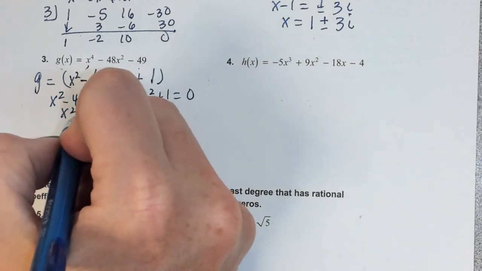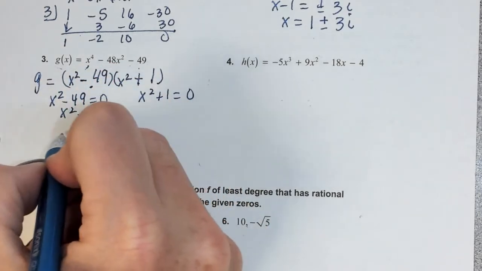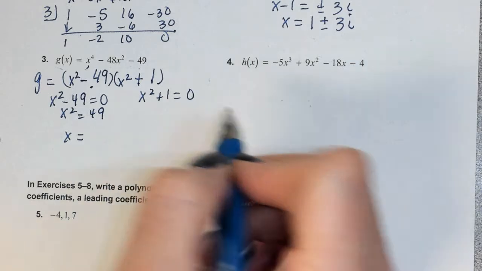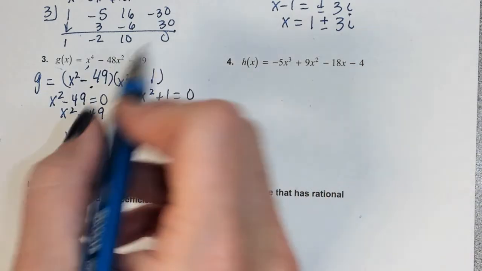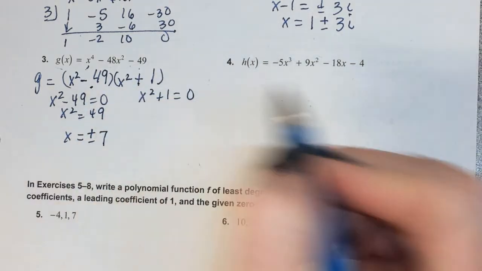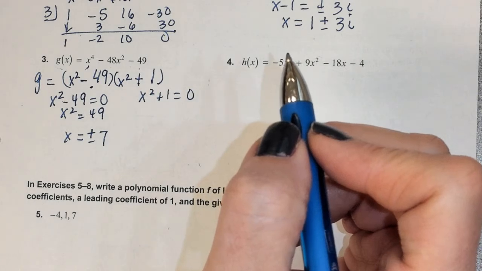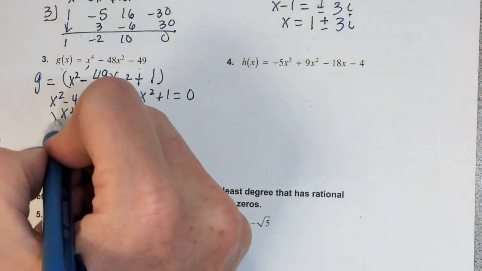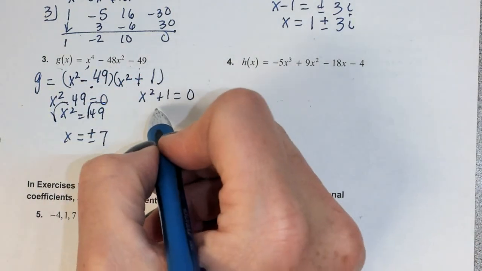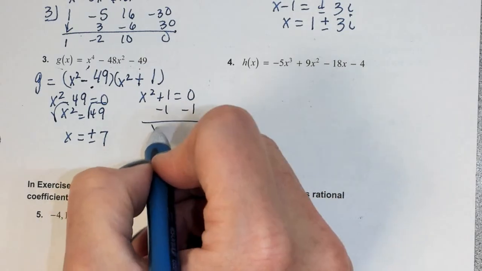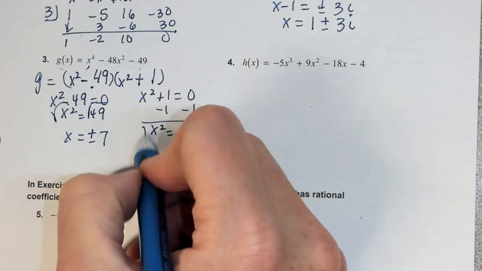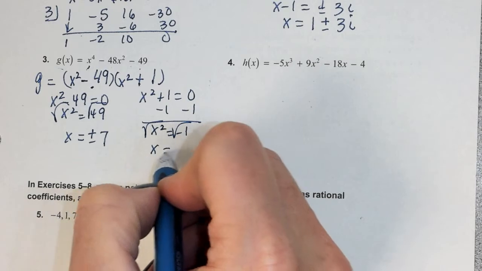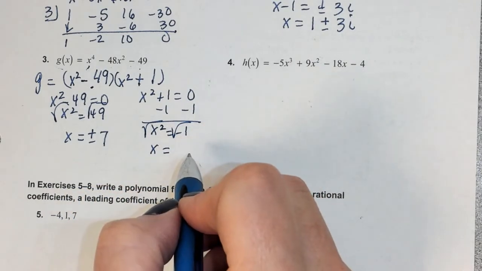So solving this one, Becky, what do I get on this one? Right, plus or minus 7, right? We got to put plus or minus. Remember that, guys, anytime we take a square root? This one I subtract 1, and I'm going to get x squared equals negative 1. Take the square root. Karish, what's that going to be?